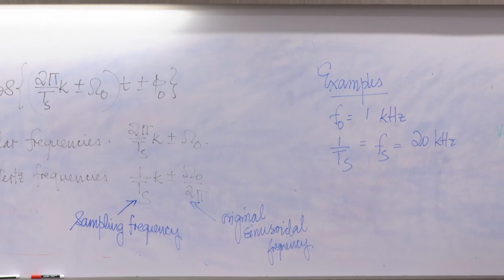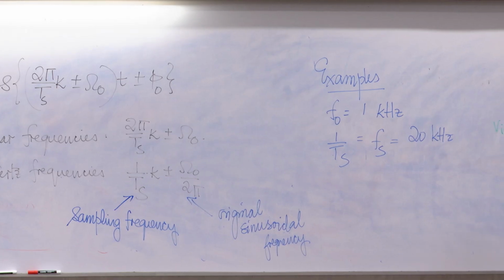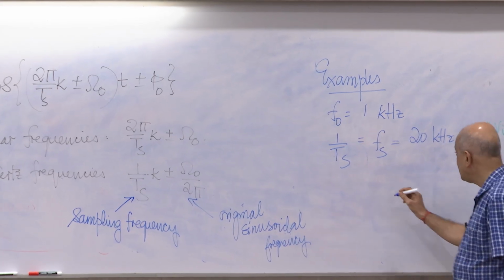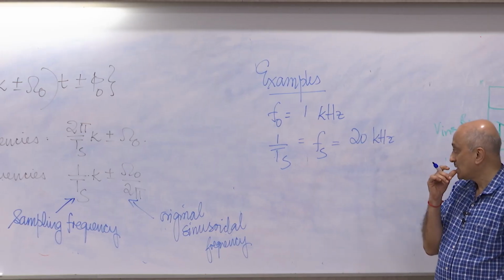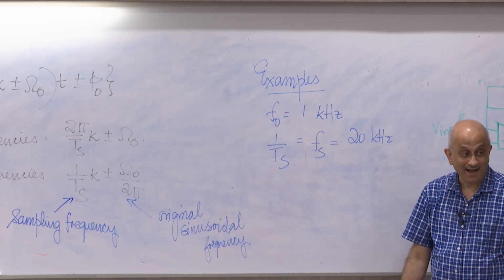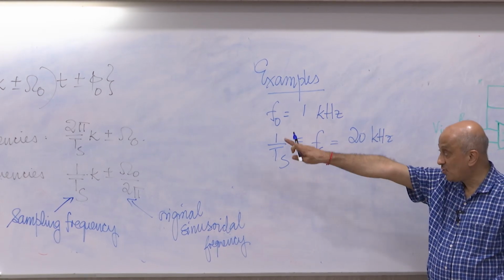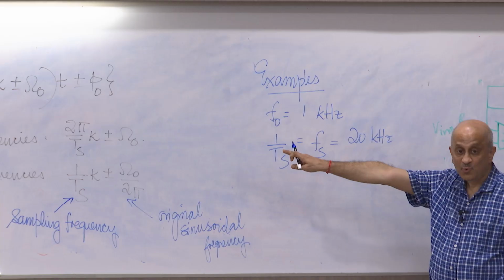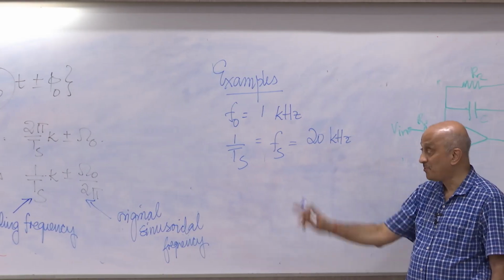Remember, k takes all the integer values. I'm talking about those frequencies, all these frequencies which produce the same samples at the same points with the proper phase.